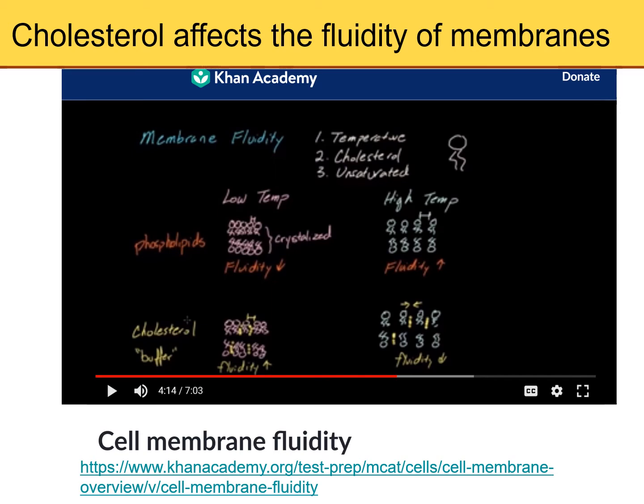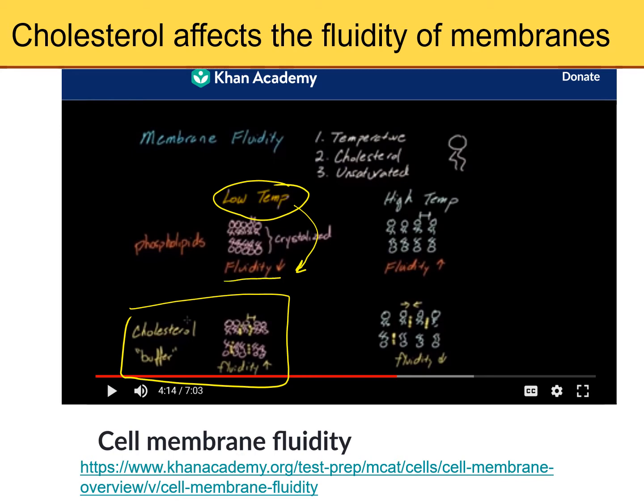Let's see if we can circle this at low temperature. At low temperature, if you don't have cholesterol, the membrane would be less fluid. It'll freeze, like oil freezes at low temperature, so the fluidity will be decreased.